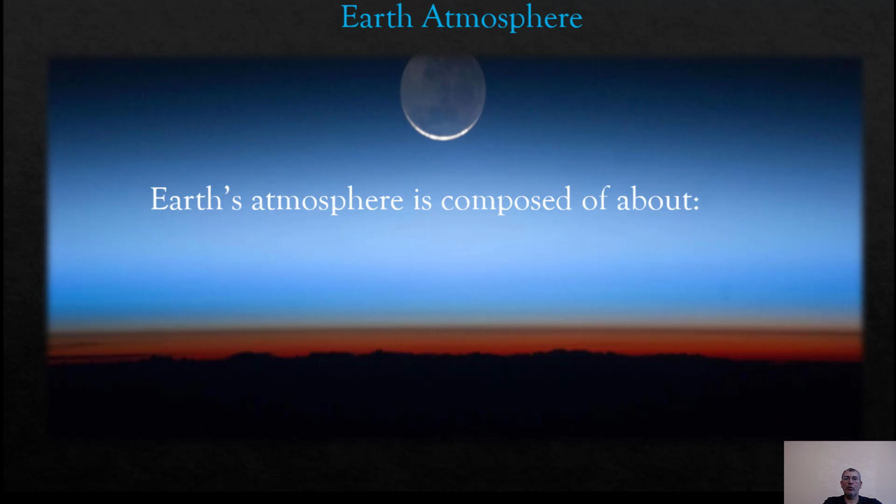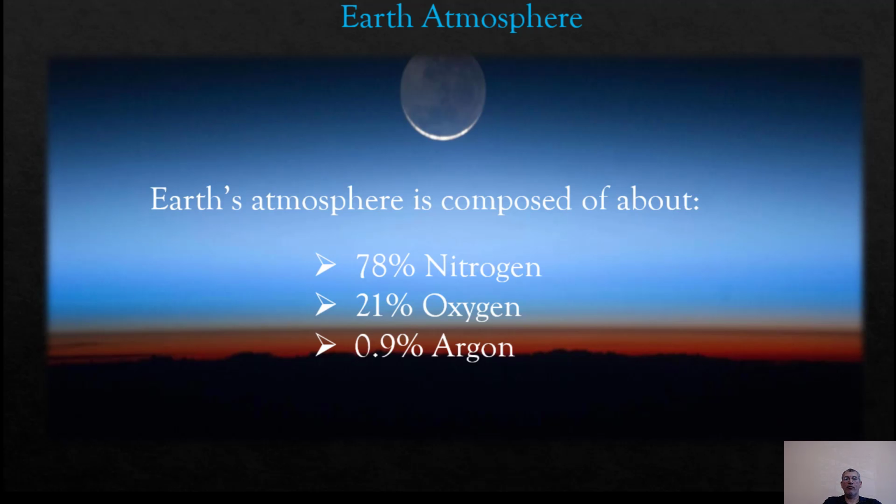The sun, before it reaches Earth, has to go through the atmosphere, and we need to know what makes up this atmosphere. As you know, 78% of the ingredients of the atmosphere is nitrogen, 21% is oxygen, and then you have only 0.9% of argon, and other gases represent basically 0.1%.